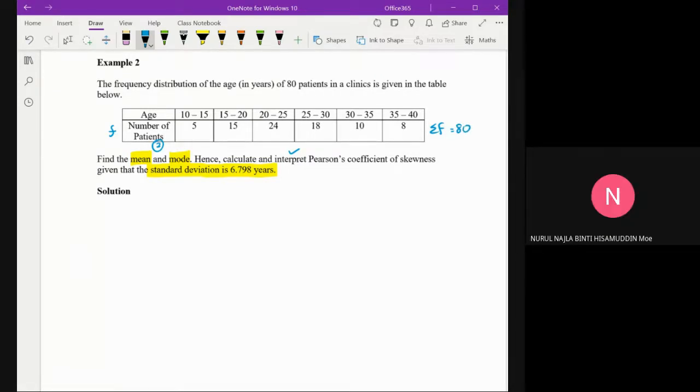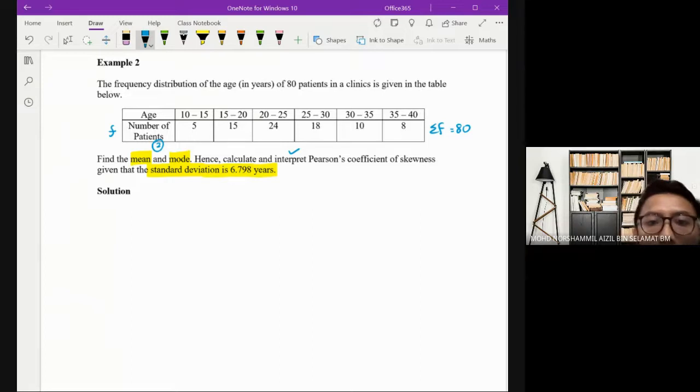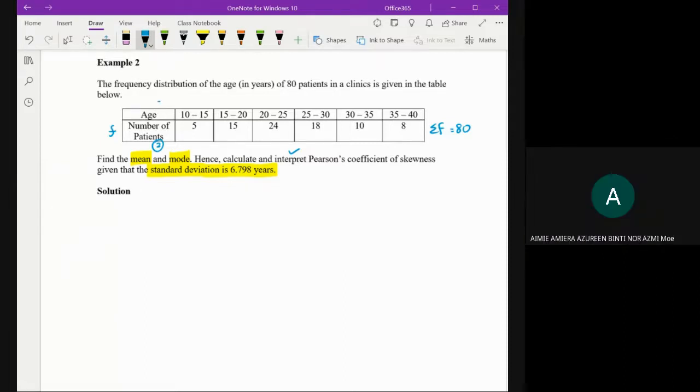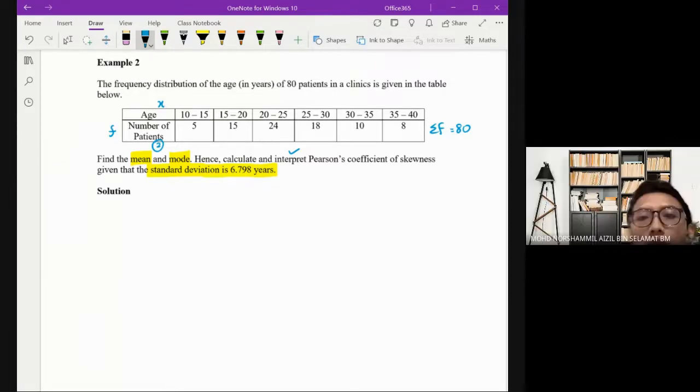Total f you have is 80. From age we can obtain the midpoint. Okay, state the midpoint of this one. This one is 12.5, 17.5, 22.5, 27.5, 32.5, 37.5 and so on.